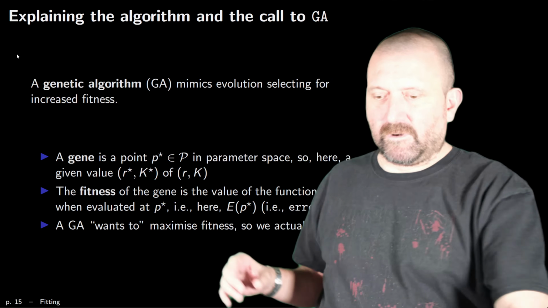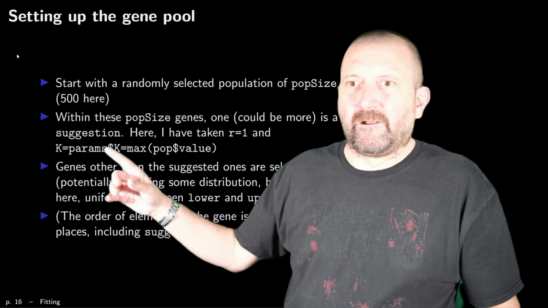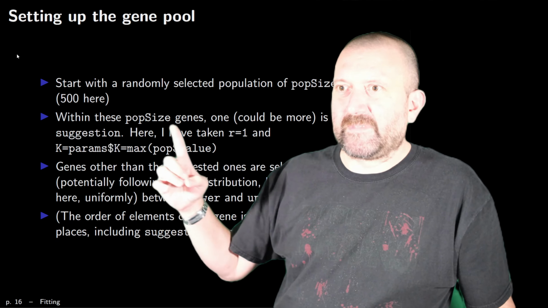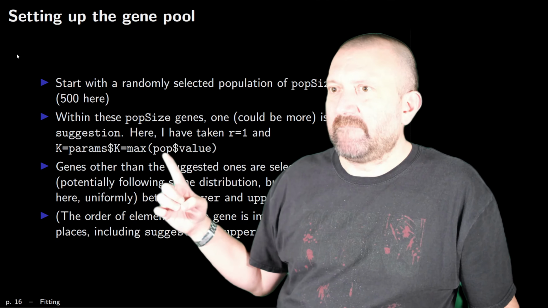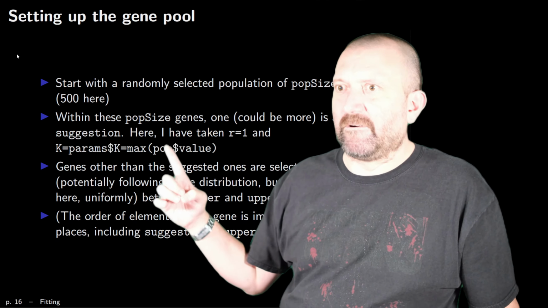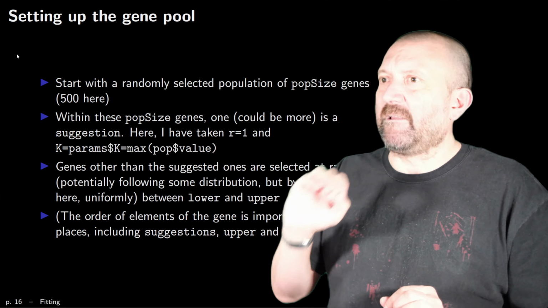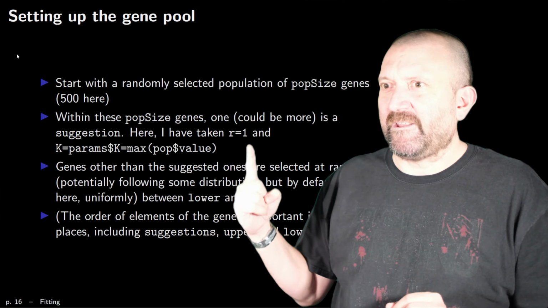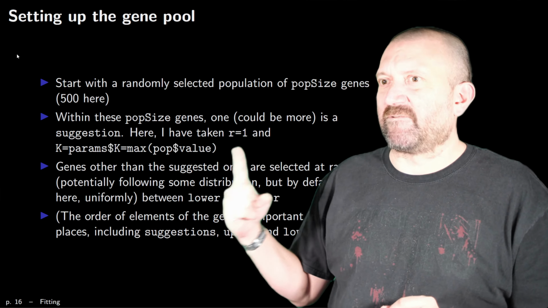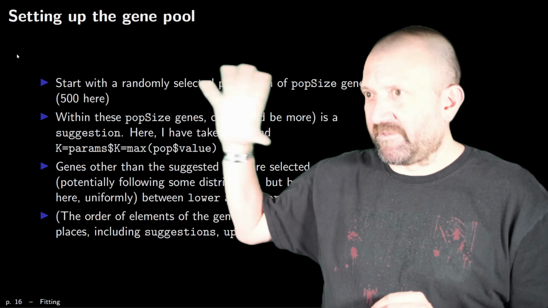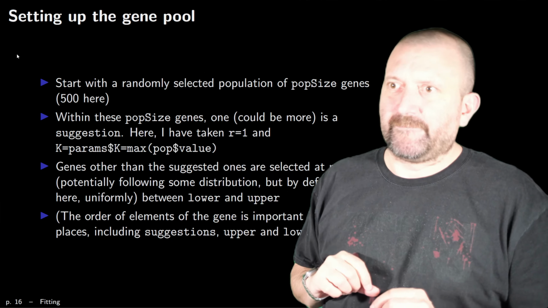So I've taken a guess. This is simply saying one of my initial 500 genes has R equals 1 and K equals the maximum of the population.